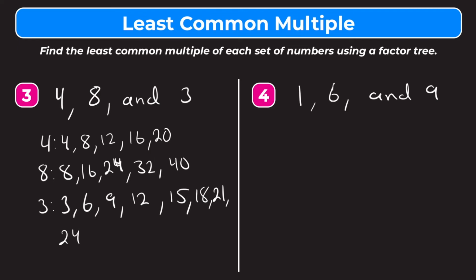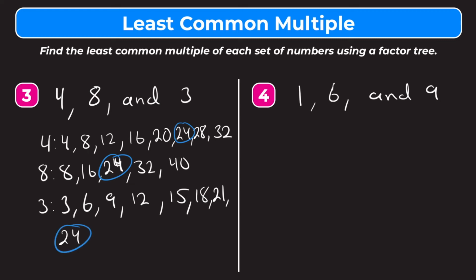And then for 4, we can add 24, 28, and 32. So now, if you notice, we added 3 more for both 3 and 4, and that allows us to find the common multiple of 24 between all 3. So 4 has 24, 8 has 24, and so does 3.